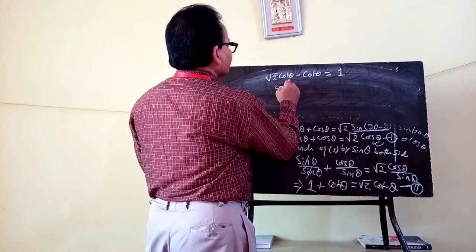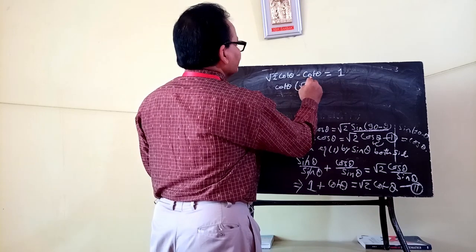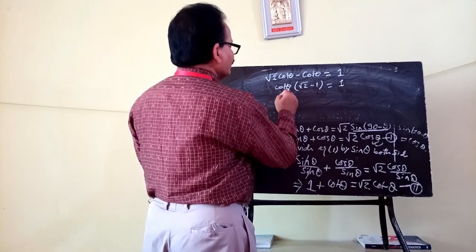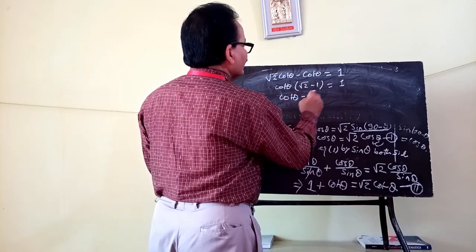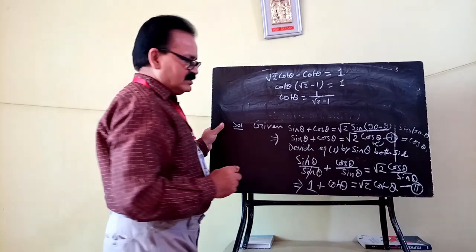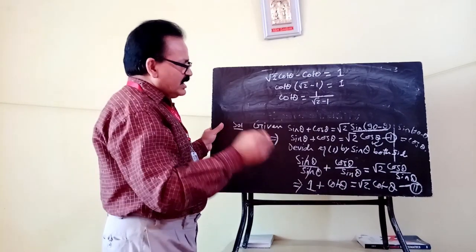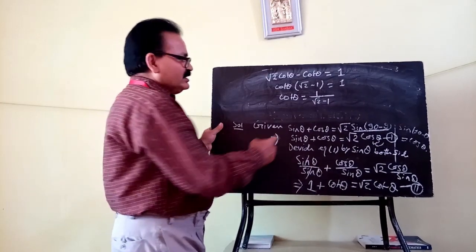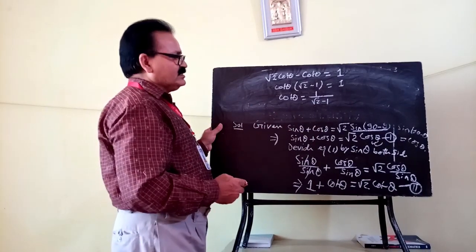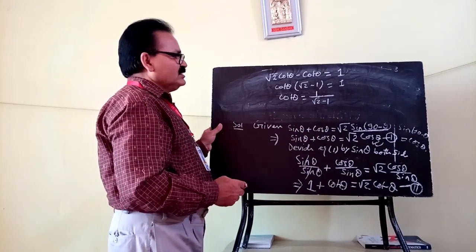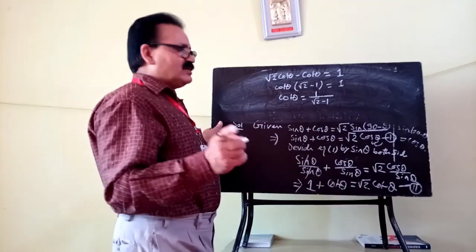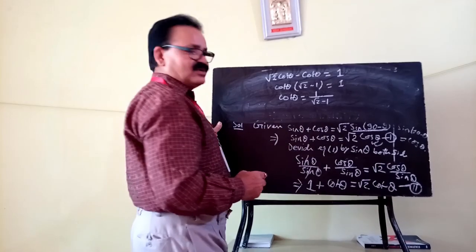Now you take cot theta common. Then it will be root 2 minus 1 equals your 1. So cot theta will be equal to 1 by root 2 minus 1. After that, in order to remove the root from the denominator, your work will be to rationalize the denominator.